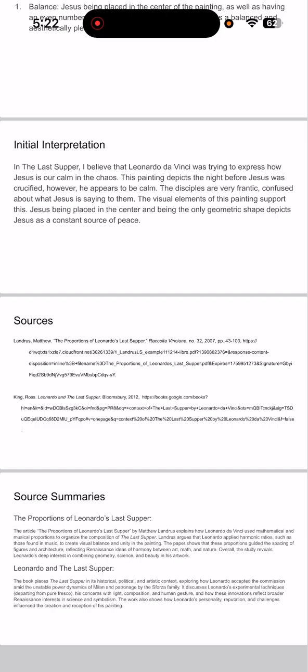It discusses Leonardo's experimental techniques, departing from pure fresco, his concerns with light, composition, and human gesture, and how these innovations reflect broader Renaissance interests in science and symbolism. The work also shows how Leonardo's personality, reputation, and challenges influenced the creation and reception of his painting.